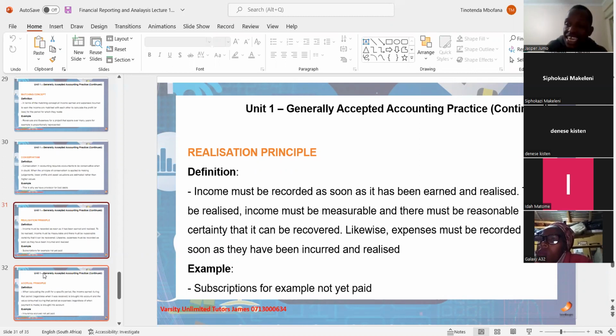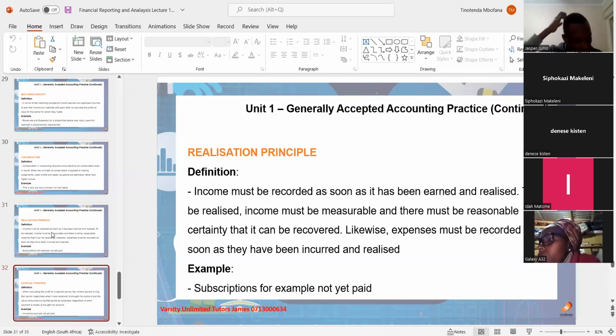But if you then sell the share and get the 300, this is now a realized gain, and you can now record it carefully in your financial statements. So you can only put something there if it has been realized. If it has not yet been realized, please find another alternative of presenting your losses or your gains.